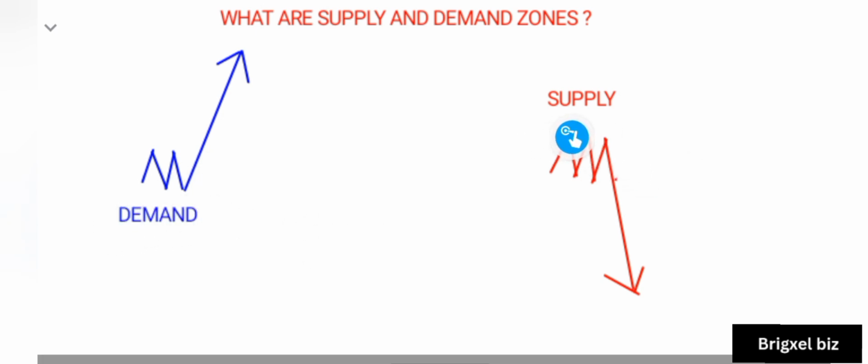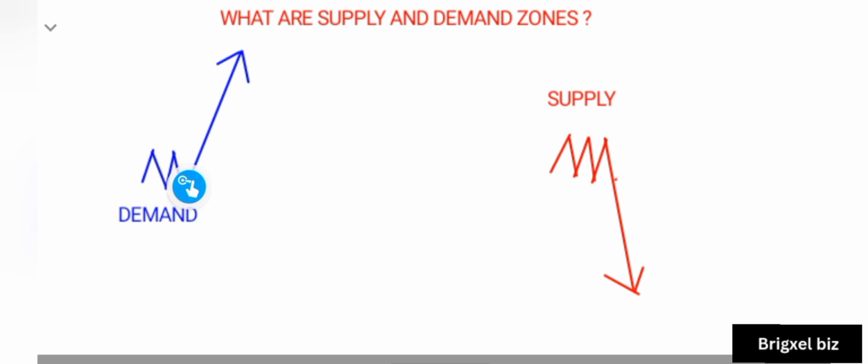And for a supply zone, a quick and aggressive move away from this region via momentum candles, bearish Marubozus, is a clear indication that you are dealing with a supply zone, ladies and gentlemen.